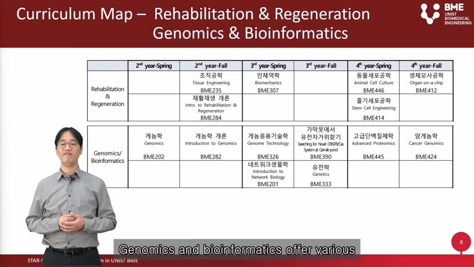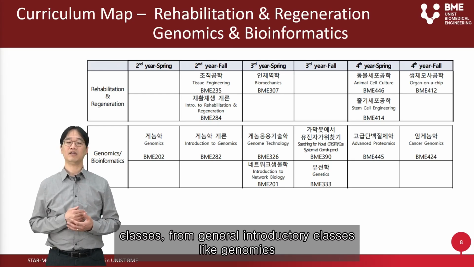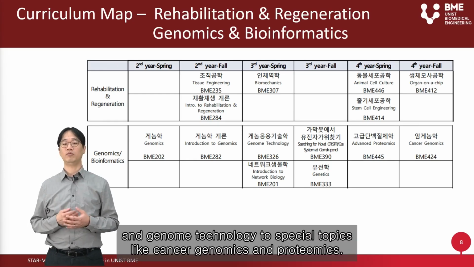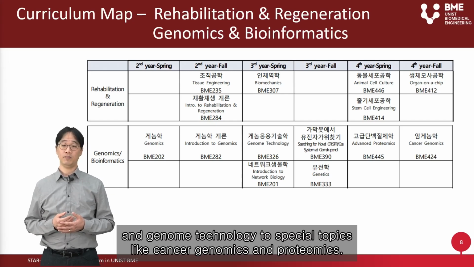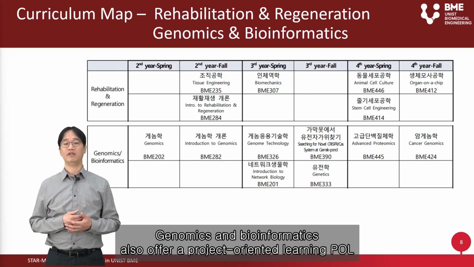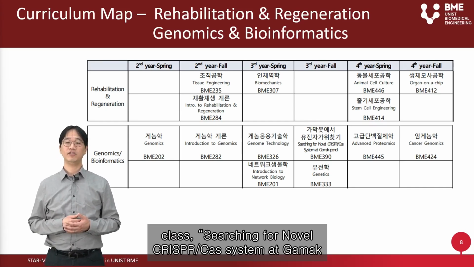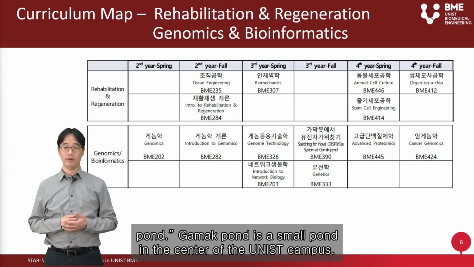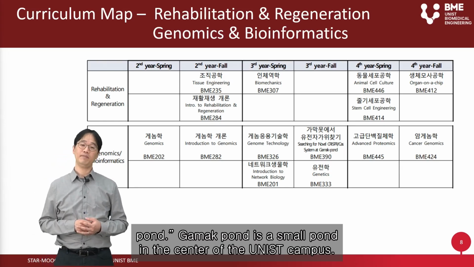Genomics and bioinformatics offers various classes also, from general introductory class like genomics and genome technology to special topics like cancer genomics and proteomics. Genomics and bioinformatics also offer a project-oriented learning POL class, searching for a novel CRISPR-Cas system at Gamak Pond. Gamak Pond is a small pond in the center of UNIST campus.